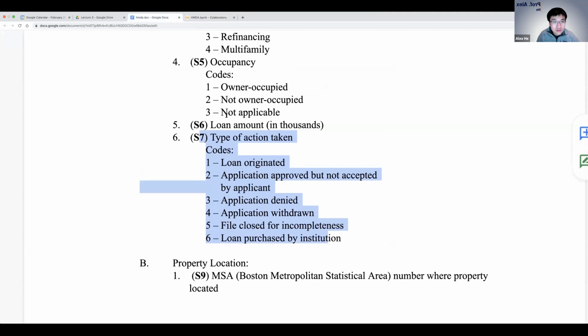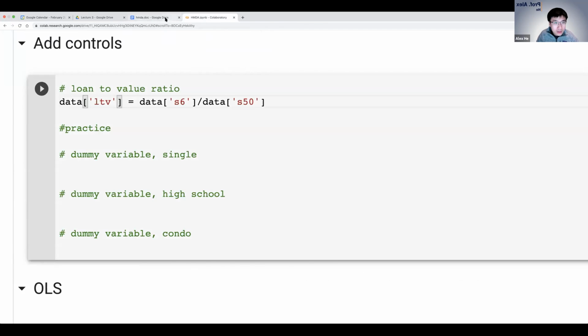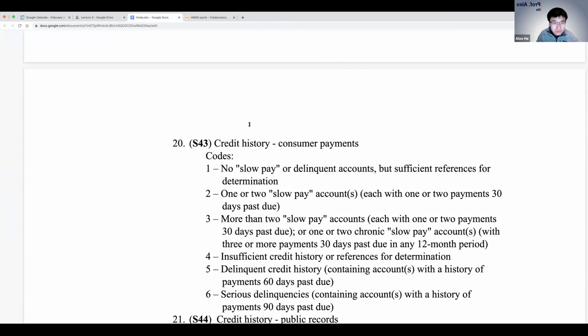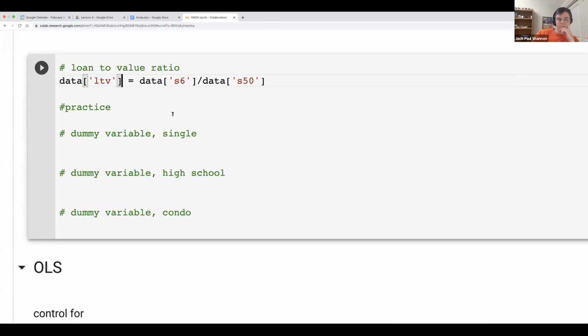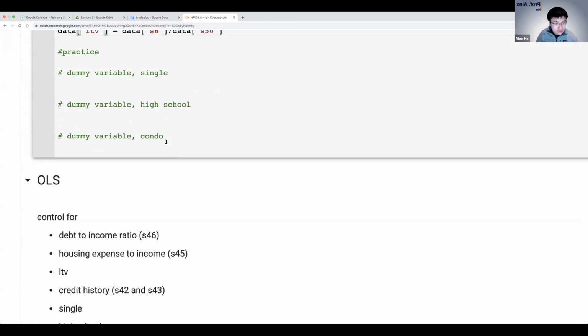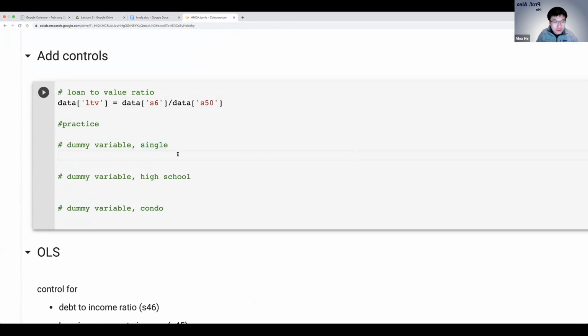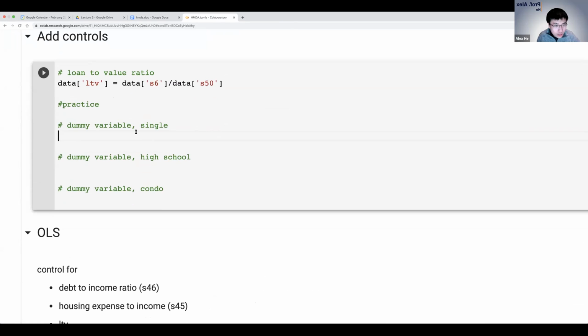So you can find all of this in this document, right? S6 is the loan amount, and S50 here is the appraised value of the house. Okay, so let's just try to construct these other few variables. Let me just go over what they are. The first one is whether they're single.